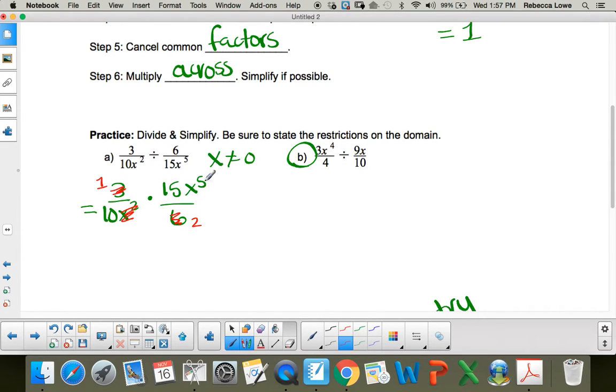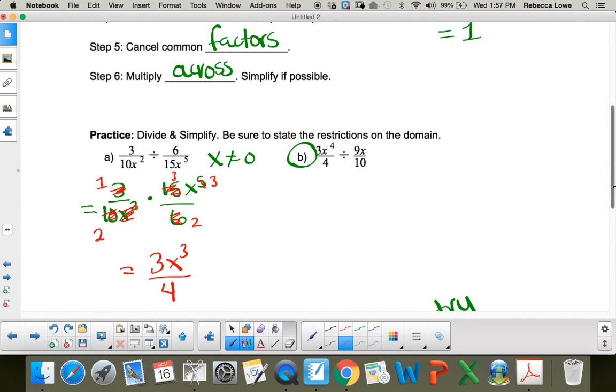X squared will cancel with 2 of these, so we'll be left with x to the third. 10 and 15 are both divisible by 5, so 10 divided by 5 is 2, and 15 divided by 5 is 3. So we're left with 1 times 3, which is 3, x to the third, because I had 3 x's left, over 2 times 2, which is 4. There were no new restrictions when I flipped the second fraction, so the only restriction is x is not 0.